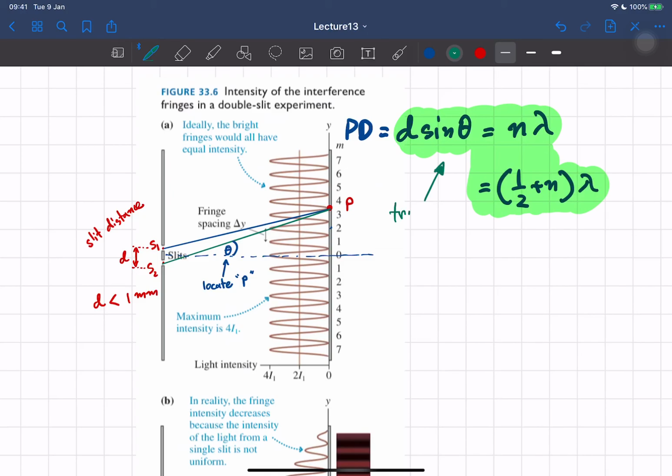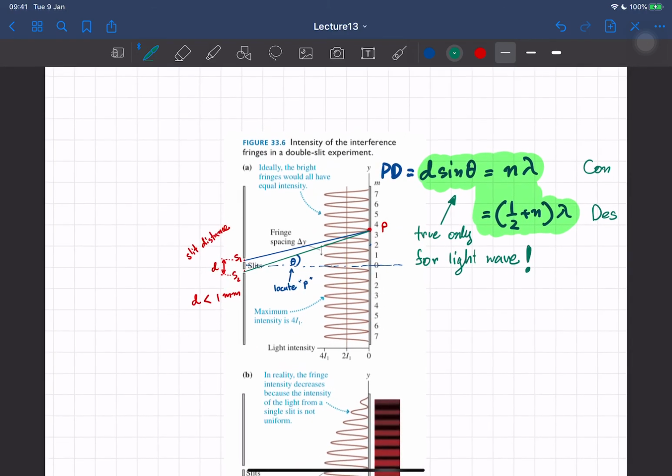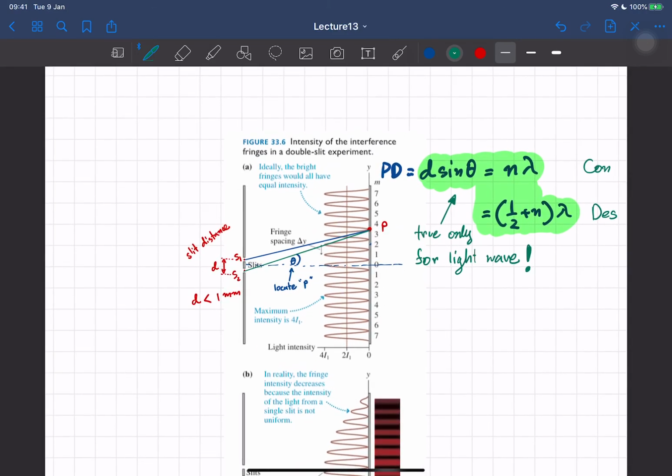This is true only for light wave. But PD equal to n lambda gives you constructive interference, and that's true for every kind of wave. But for light wave, we can do an additional approximation here.